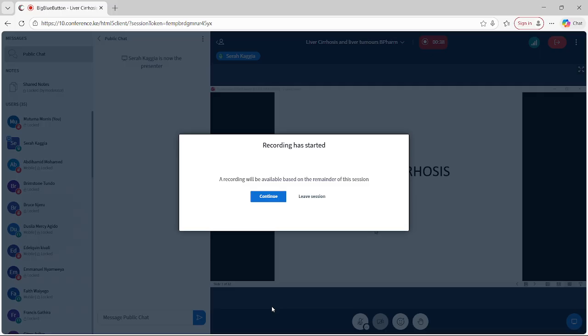So this morning we are in the liver now. We are in hepatobiliary. So today we look at the liver. Hepatitis B and C infection or alcohol, which is liver cirrhosis.